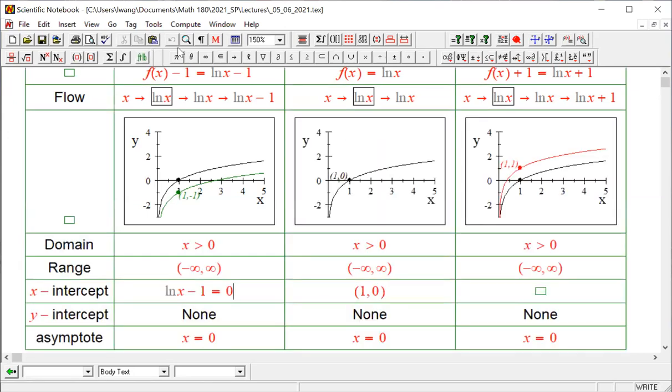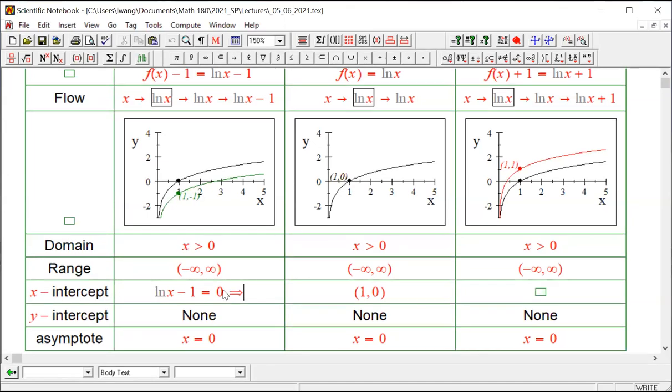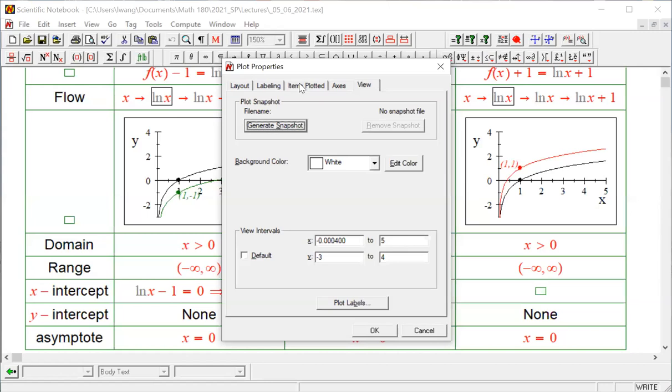If we set that equal to 0, what do we get? E. That's right, x equals e. So what will be the X-intercept? e comma 0. So this point is e comma 0.